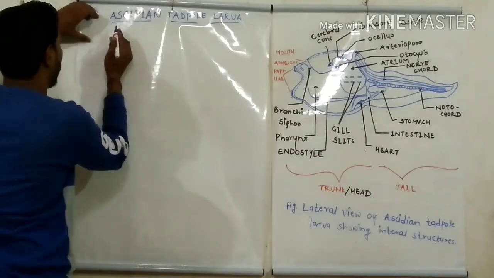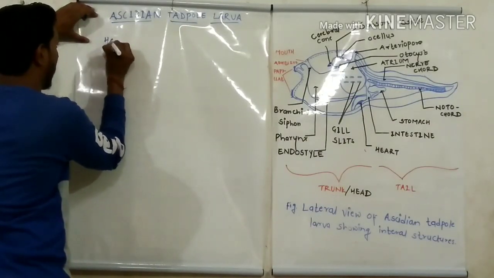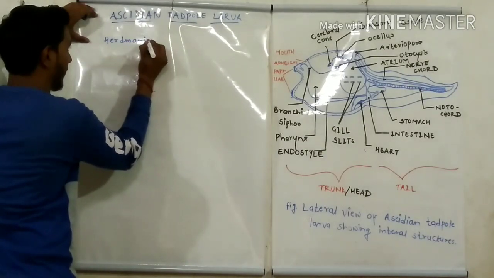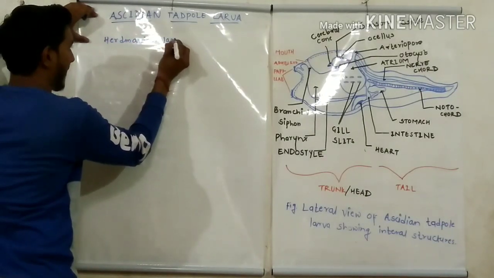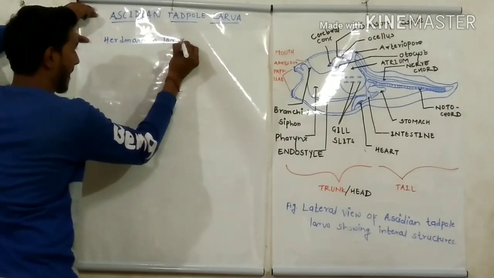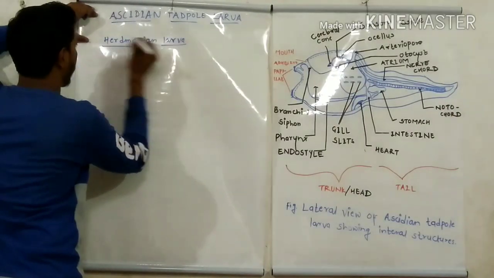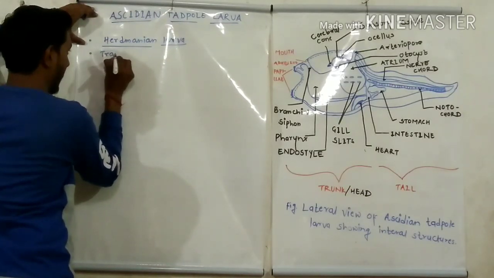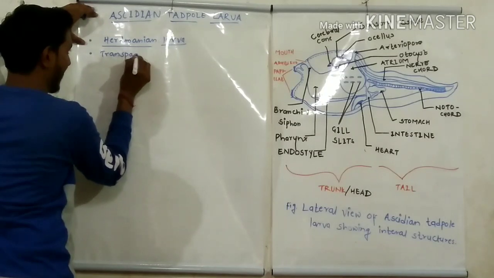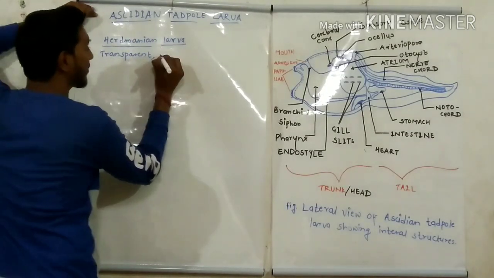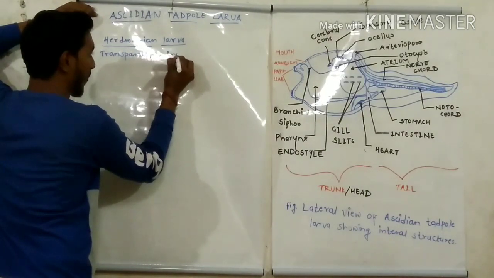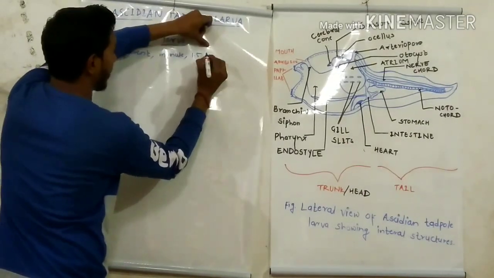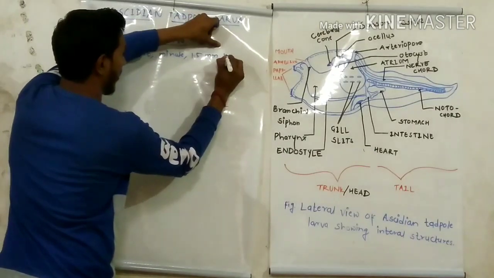This is the larva of Haldmania, means it is a Haldmanian larva. Then it is transparent. It is minute, 1.5 millimeter long.